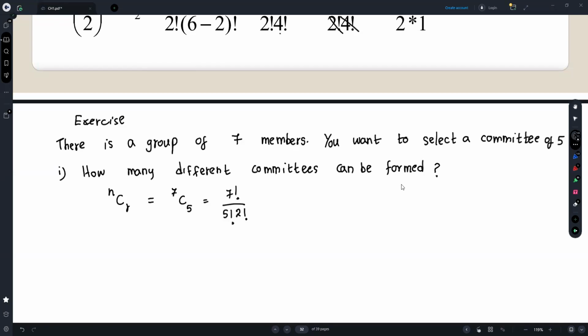At the top you have 7 and at the bottom you have 5 and 2. 5 plus 2 is 7, right? Always, when you add the values at the bottom, they should add up to the numerator. The answer will be 21. Okay.